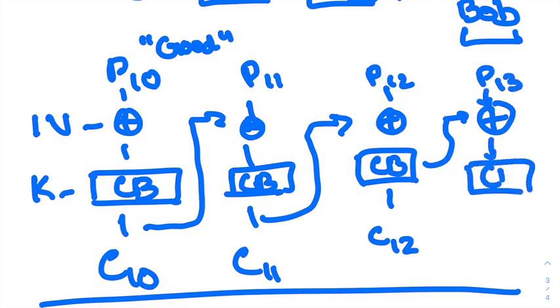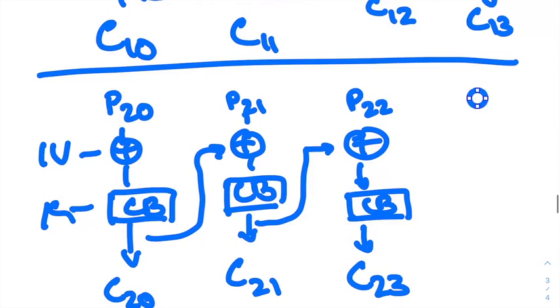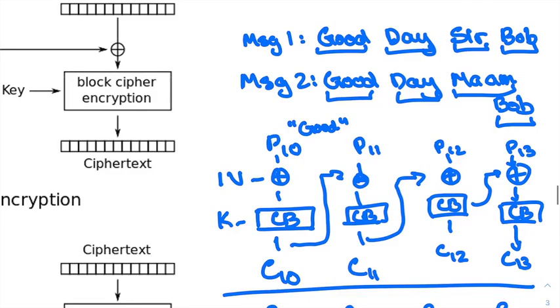And even though they are both Bob, so they both have the same value. Now in this case, even though P23 and P13, again referencing these, are both the value of Bob.